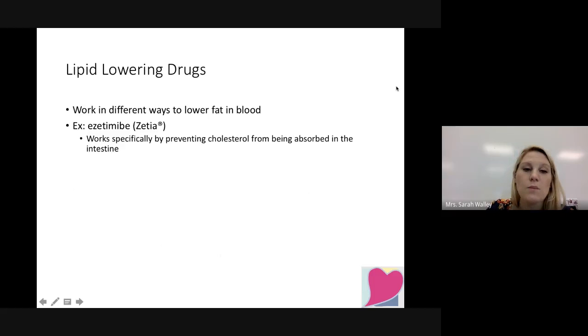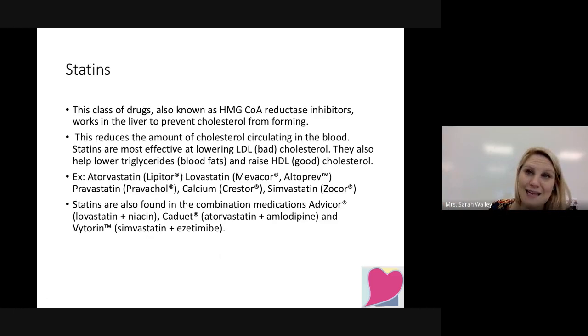So, big thing to note here, statins. Statins are important. The suffix statin will tell you it's an anti-hyperlipidemic or anti high cholesterol drug. So don't forget that. That is one of the biggest things.